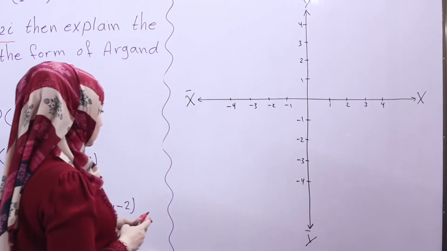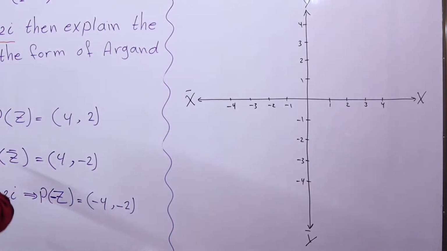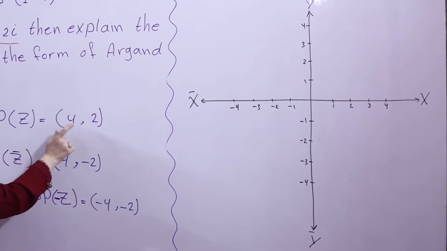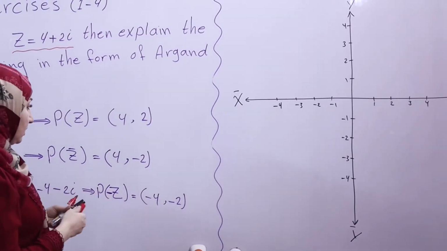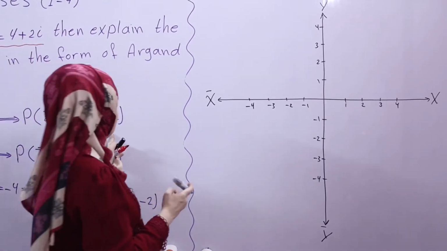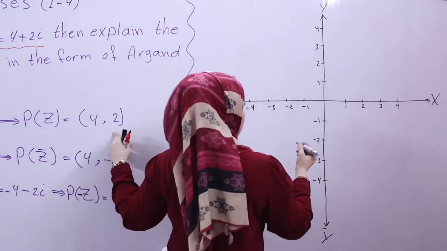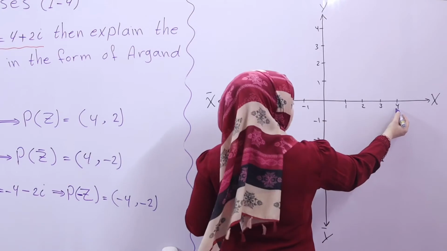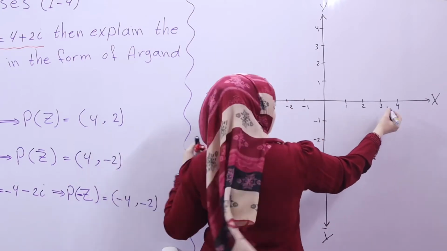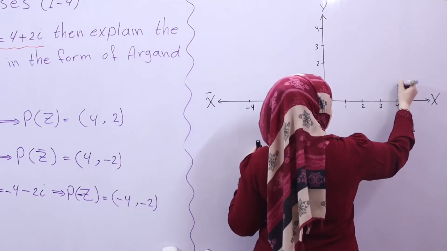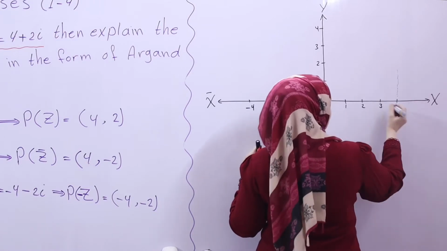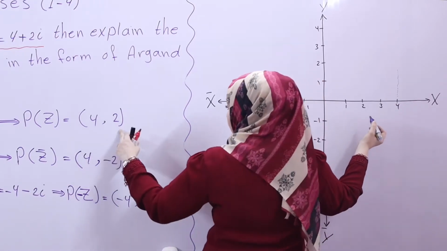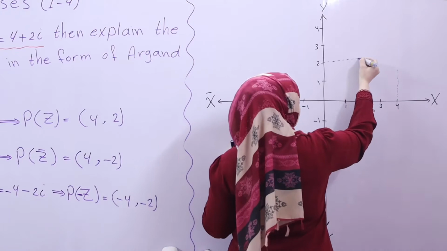So the first complex number z, the point which represents z, is 4 and the y coordinate is 2. So the first ordered pair which represents the complex number z is (4, 2). That means the x coordinate will be 4 and the y coordinate equals 2.